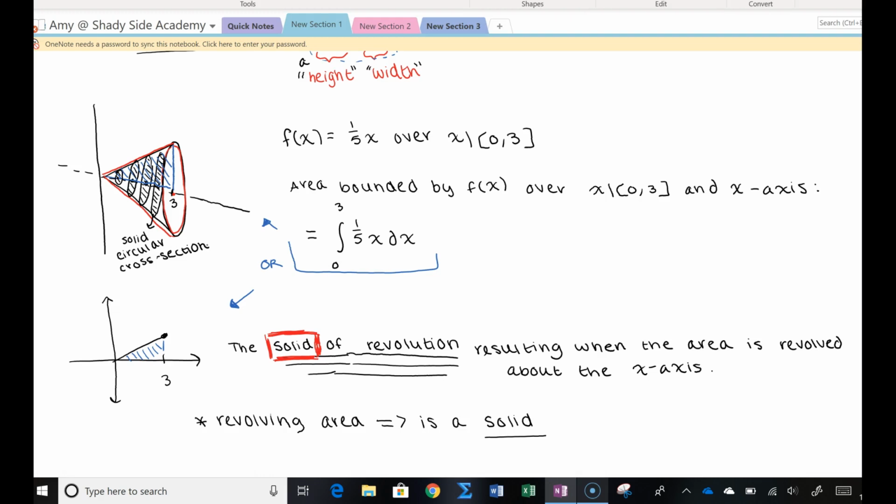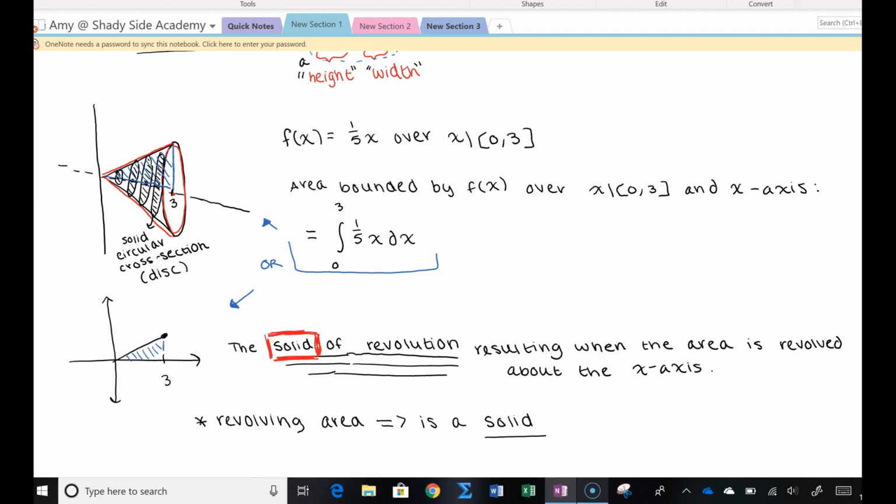The mathematical term for a cross-section that is circular and solid is called a disk. Okay, it's a disk cross-section. When you say disk, disk means circular, solid cross-section.